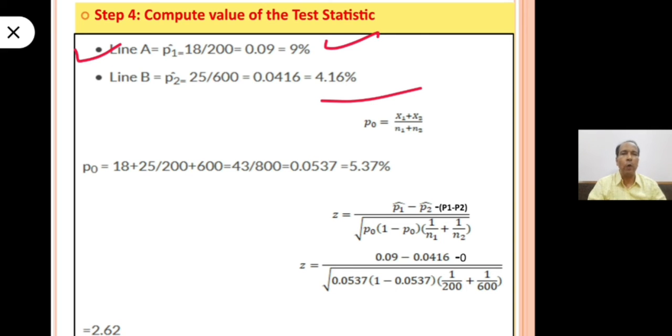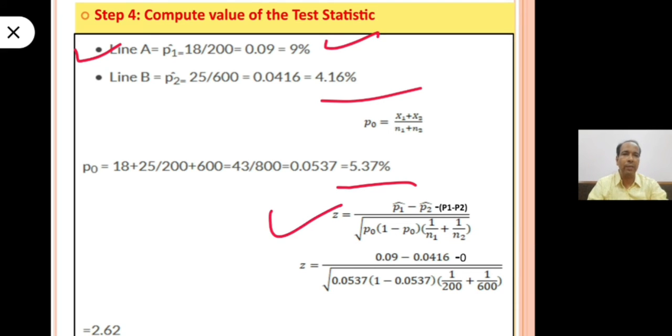4.16%. Now we can find P naught, the formula is x1 plus x2 upon n1 plus n2. That produces the value 5.37%. Now we put all these values in the Z statistic formula that is given over here.